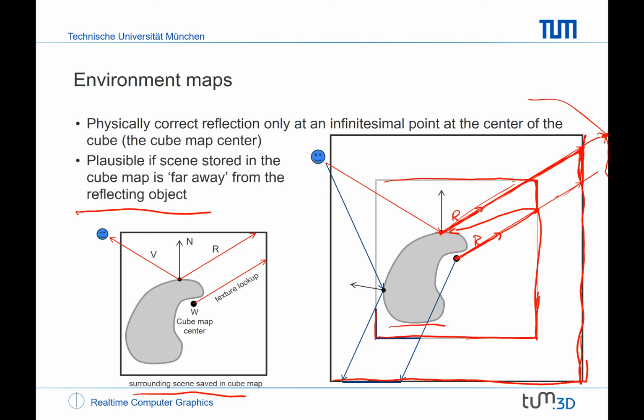The good thing is that usually we are not so much looking at whether the reflections in an object are 100% correct. The errors introduced by the cube map approach are not that important to us, in particular when looking at a dynamic scene where you focus on completely different things.